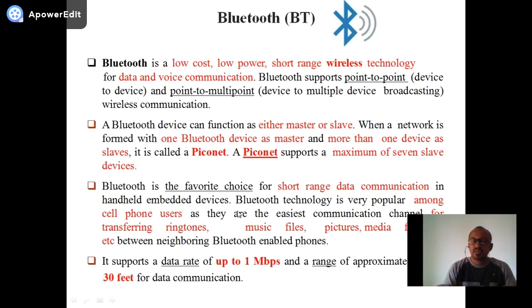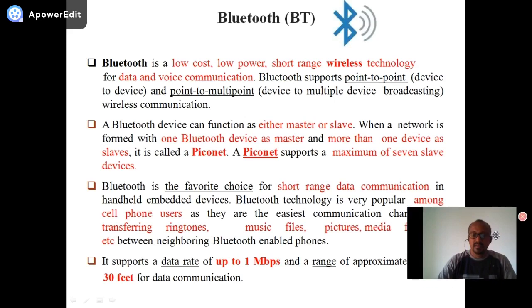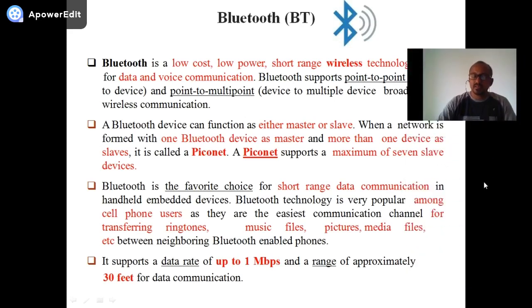This is called a Piconet. A Piconet supports a maximum of 7 slave devices, 1 master and 7 slaves. I hope you understood what I am explaining. It supports a data rate of up to 1 Mbps, and the range is approximately 30 feet for data communication.